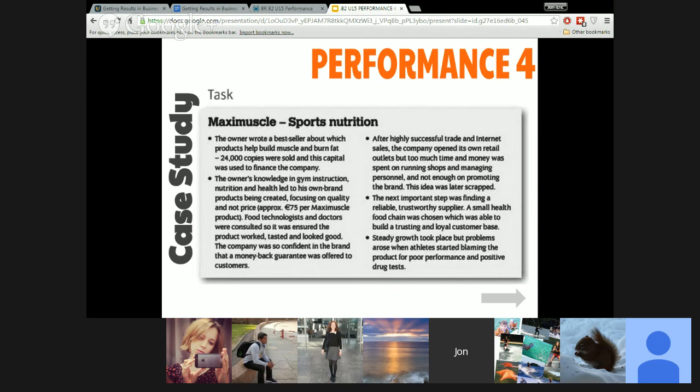Maybe now they had an issue that we can overcome with marketing strategies. Because this doesn't make sense to me: this product was approved by doctors, and now they had shown poor performance and maybe positive drug tests. That doesn't make sense to me.